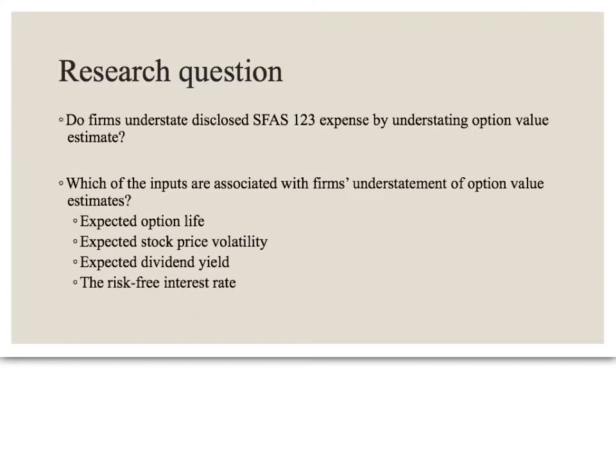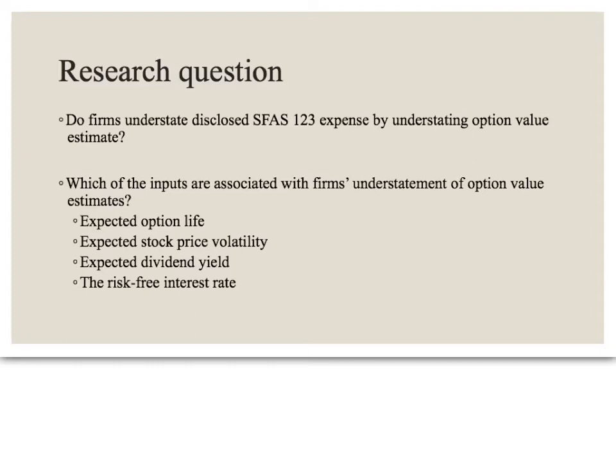So research questions are, do firms understate disclosed SFAS 123 expense by understating option value estimate? If so, which of the inputs are associated with firm's understatement of option value estimates? The managers use these 4 inputs when they calculate option value estimates.